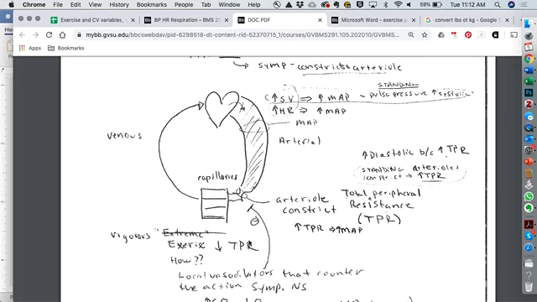But it also increased TPR because it constricted the arterioles. And that increase in TPR is why we have a higher diastolic pressure. It's because we've squeezed down here and made it so that we have more back pressure on this arterial side. So that's the insight that we want to capture from those data.